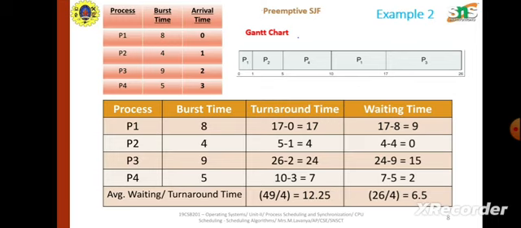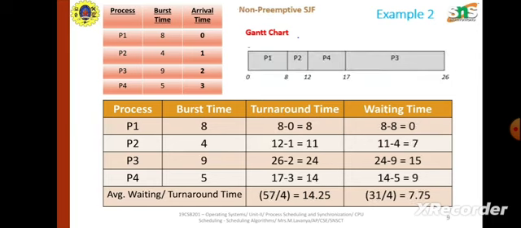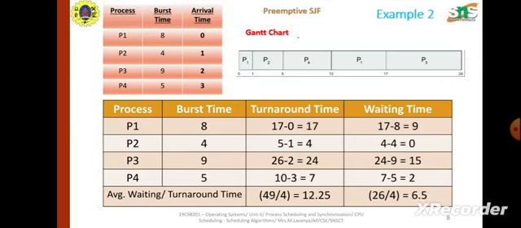So for process P1, P2, P3 and P4, we are finding the turnaround time using that formula. 17 minus 0 equal to 17 is the turnaround time of process P1. Then P2, 5 minus 1 equal to 4 is the turnaround time of process P2. P3 will be having turnaround time of 24 and P4 will be consecutively having turnaround time of 7 milliseconds.